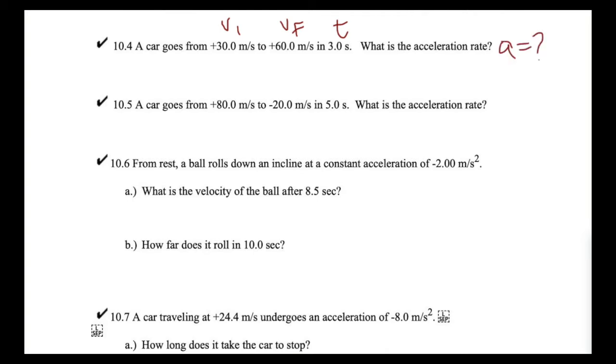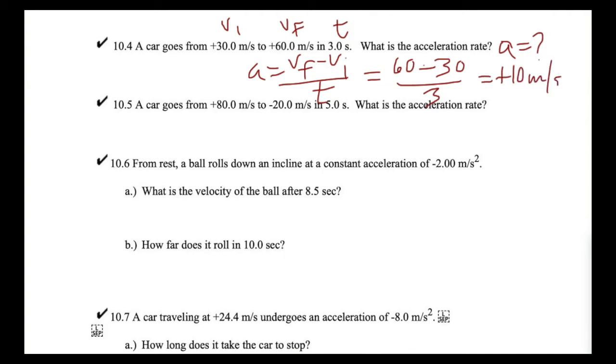I do not have a displacement anywhere, so I'm going to use the very first equation, rearranged: A equals VF minus VI over T. I can sub everything in: 60 minus 30 over 3.